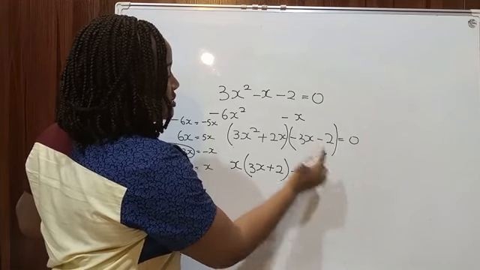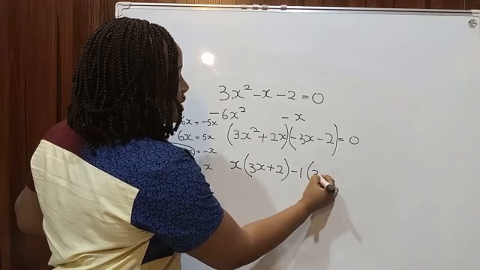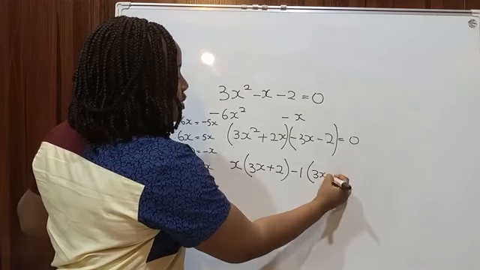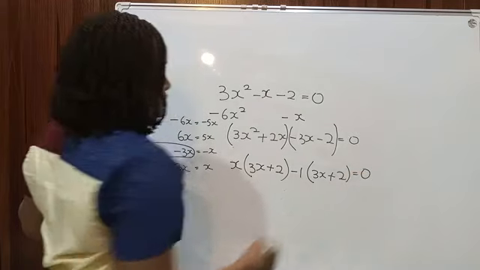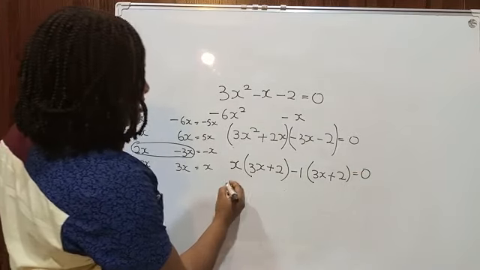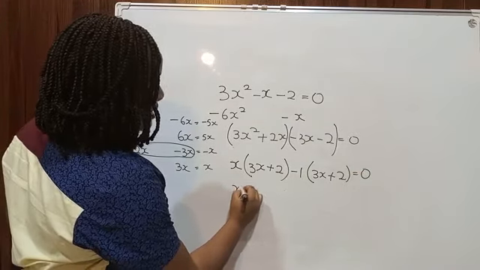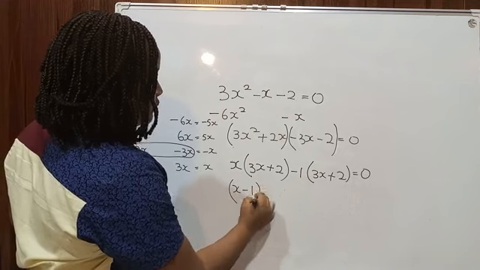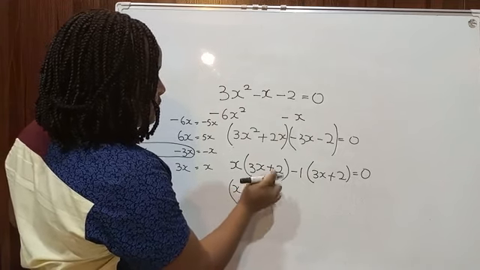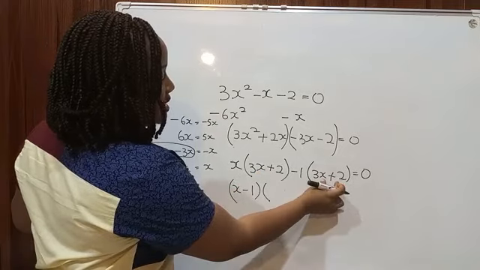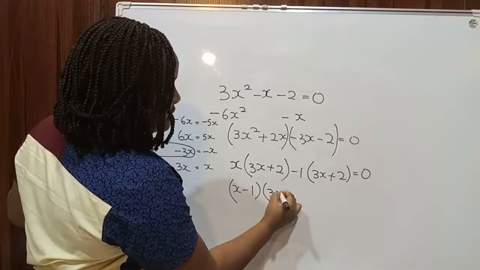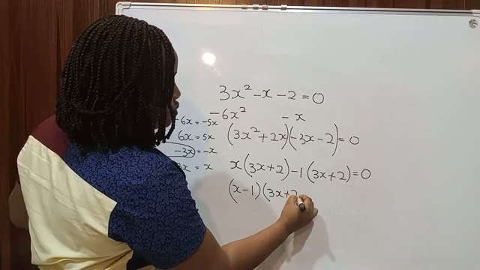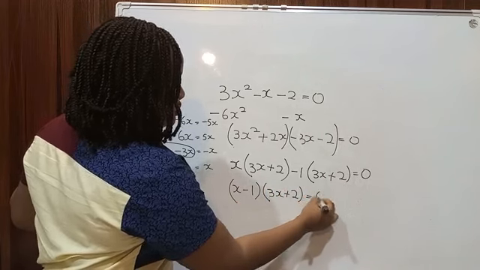When minus 1 comes out, this becomes only 3x, and this becomes plus 2 equals 0. So this is x minus 1 bracket, because 3x plus 2 is common, so you have 3x plus 2 equals 0.